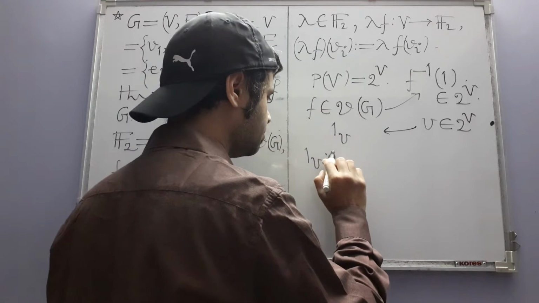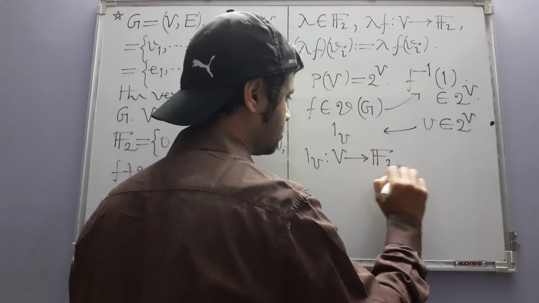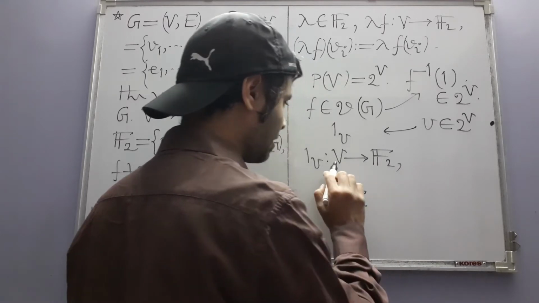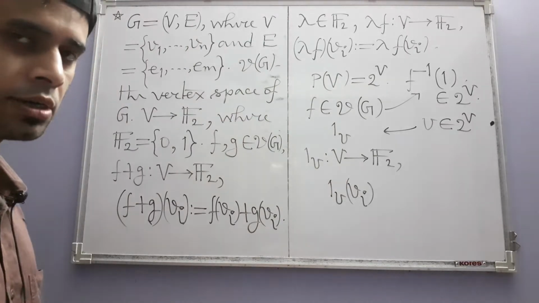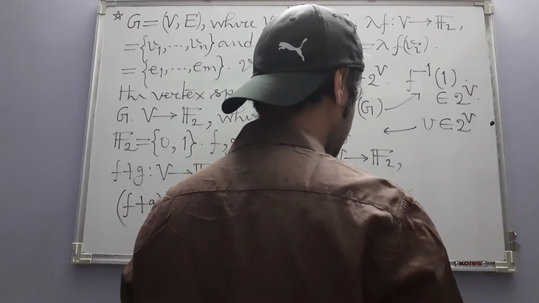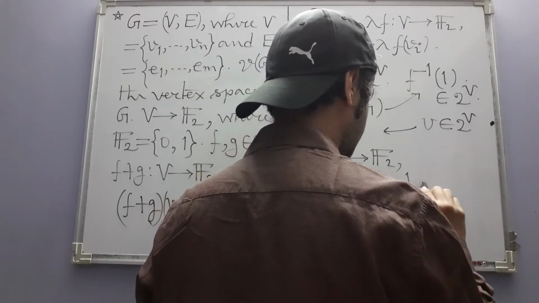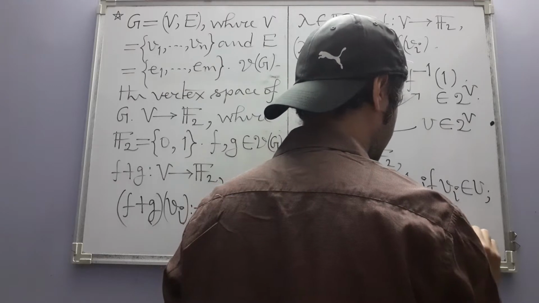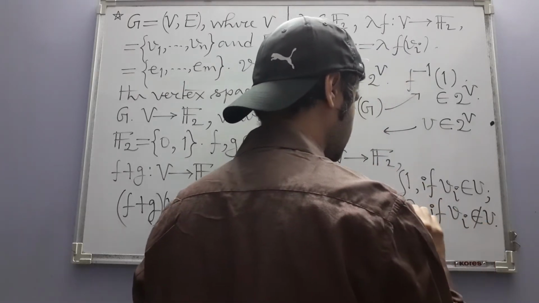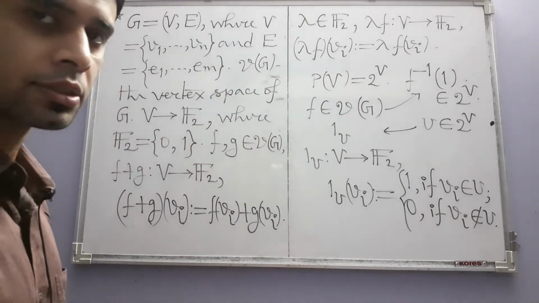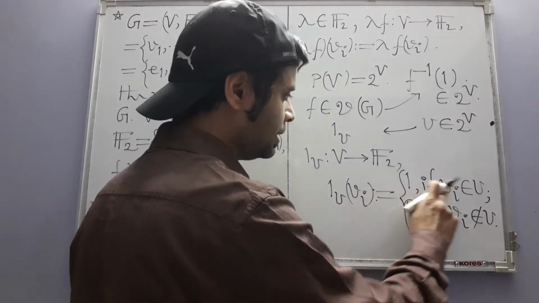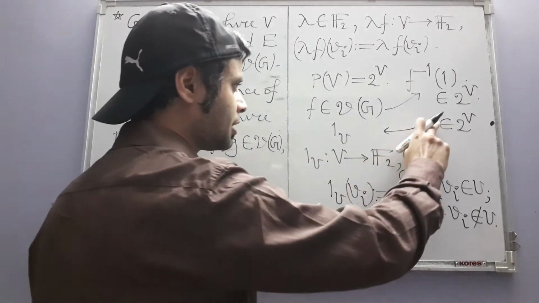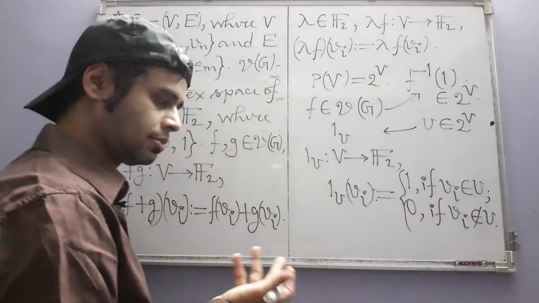The indicator function of U is a function from V into F2, defined by 1_U of Vi, taking Vi in the domain V, equal to 1 if Vi belongs to U and 0 if Vi does not belong to U. That's why it's the indicator function of U, because it indicates precisely which elements of V are in U, or precisely what U is.